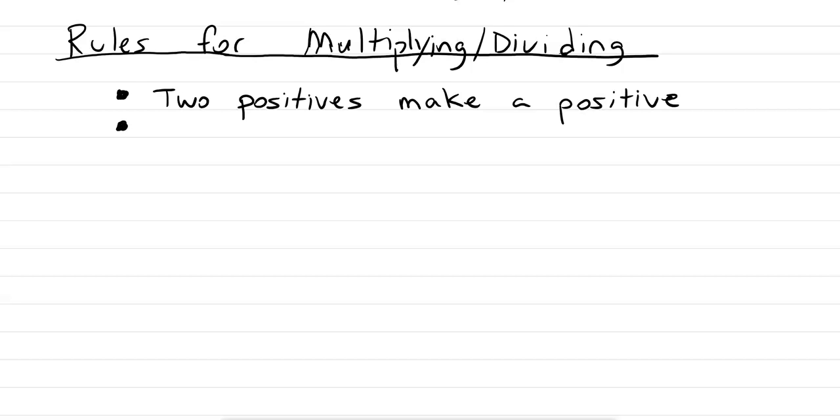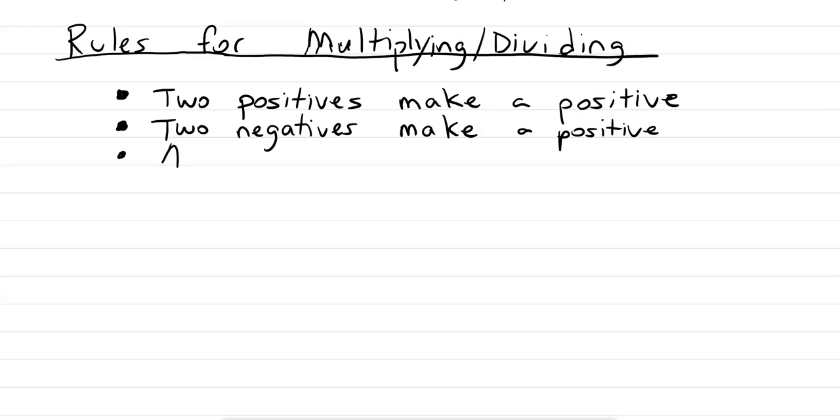Or when you divide 2 positive numbers, it makes a positive. 2 negative numbers also make a positive. So when you multiply or divide 2 negative numbers, that turns into a positive. And last is when you have 1 positive number and a negative number, that makes a negative.